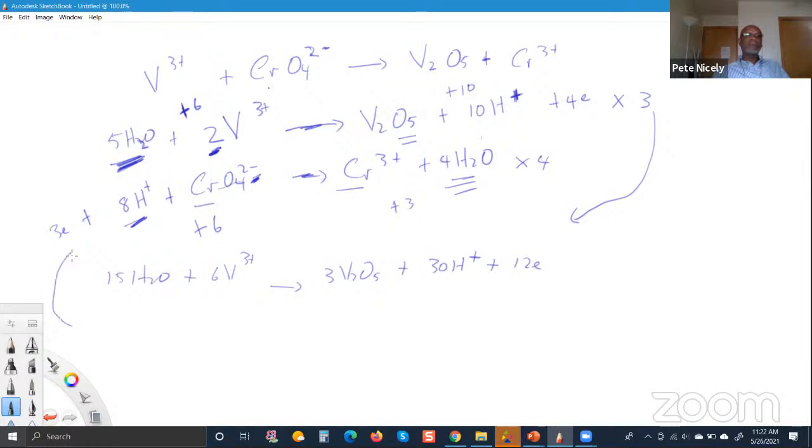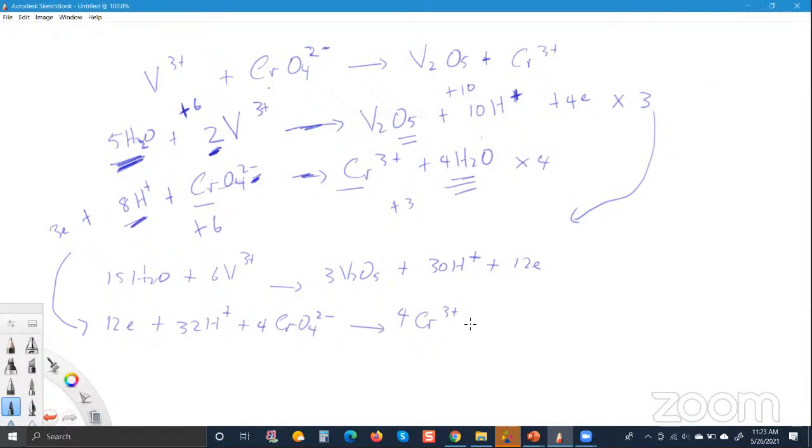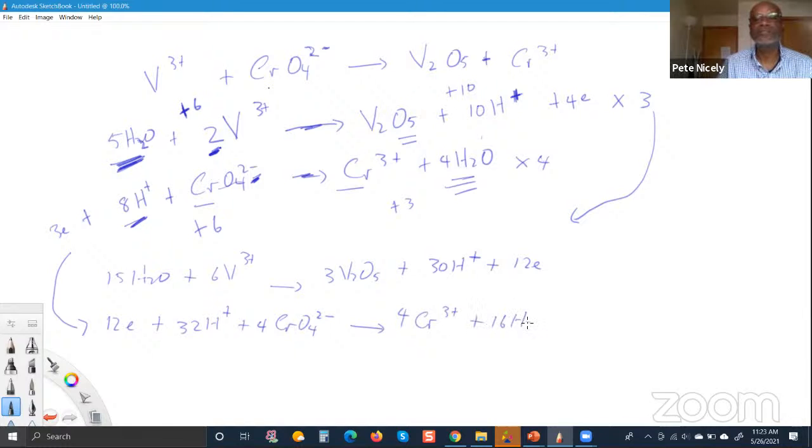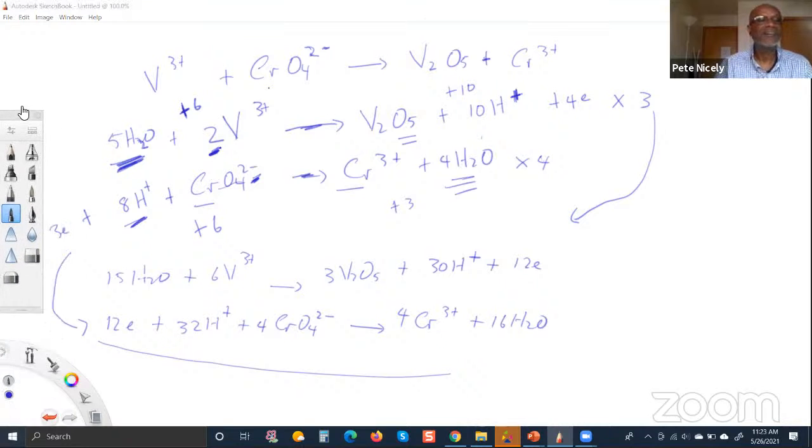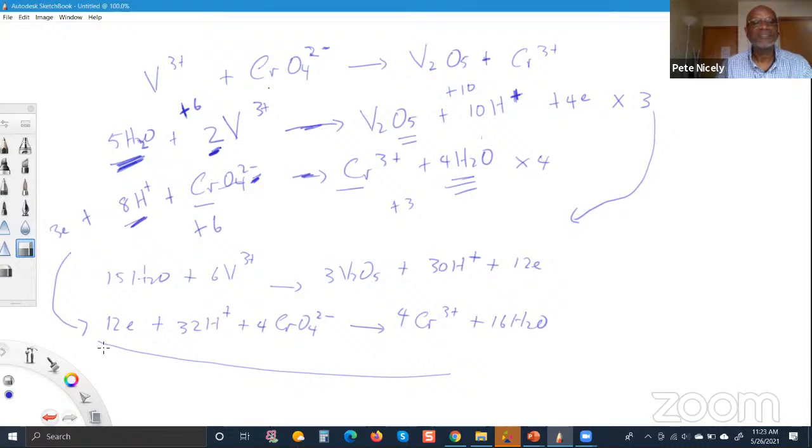And then when you multiply this one by 4, you're going to end up with 12 electrons plus 32 H+ plus 4 CrO4 2- to give 4 Cr3+ plus 16 H2O. All right. And then we add these, whoops, what did I do here? Let me erase.